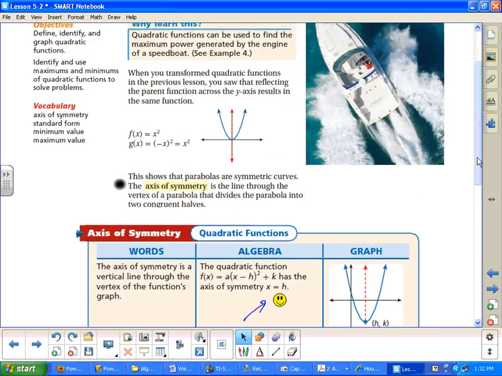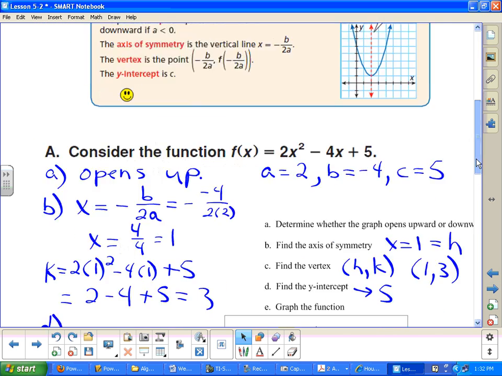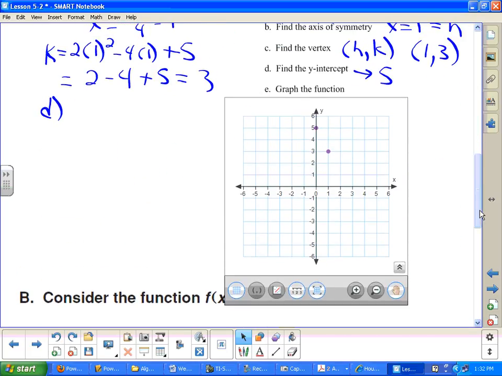And since it cuts it perfectly in half, any point on the left side of the axis of symmetry is also on the right side. So over here then, since we know this point at 0, 5, the y-intercept, is 1 to the left of the axis of symmetry, right? The axis of symmetry is the vertical line at 1. So that means then I have a point at 2, 5 also.